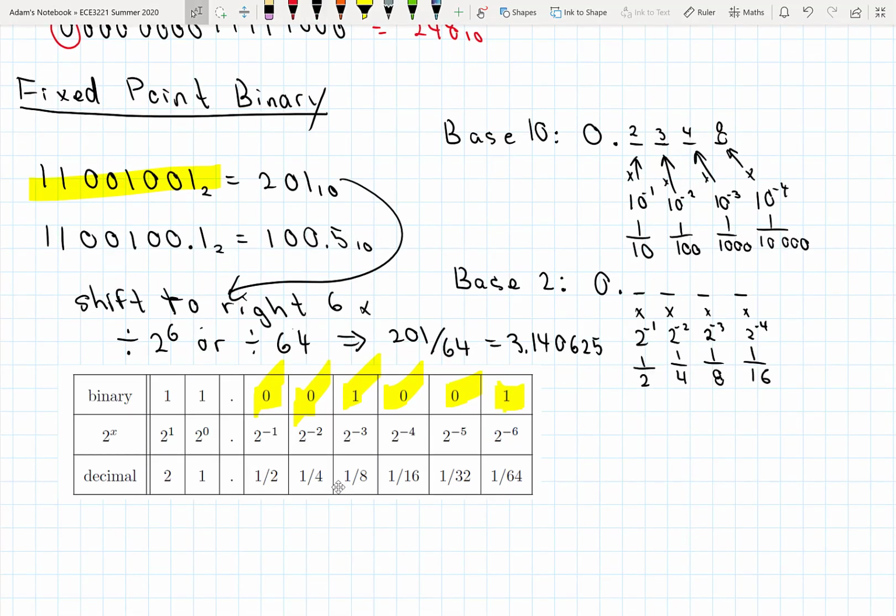Let's see if that value makes sense if we think about the binary representation. Taking this value and considering the weight of every position, which I now have shown here: this is 2 to the power 1, 2 to the power 0, 2 to the minus 1, 2 to the minus 2, 2 to the minus 3, and so on.